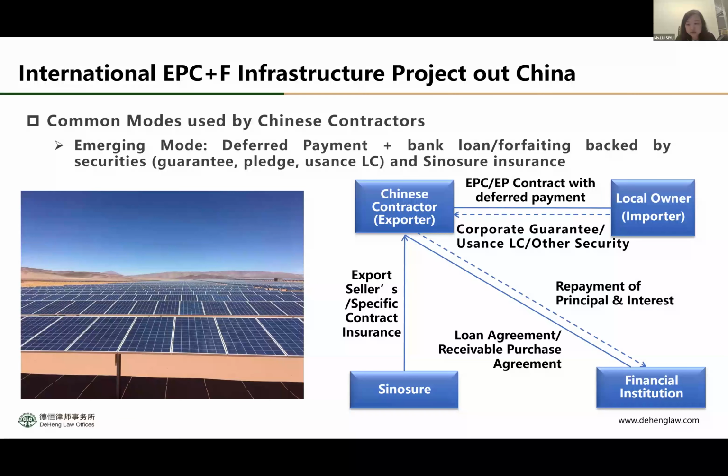And then using this security and this Sinosure insurance, they can get financing from their financial institution, like a loan or a receivable purchase agreement using a forfeiting arrangement.